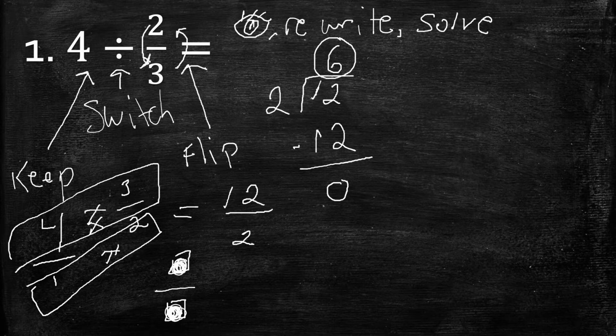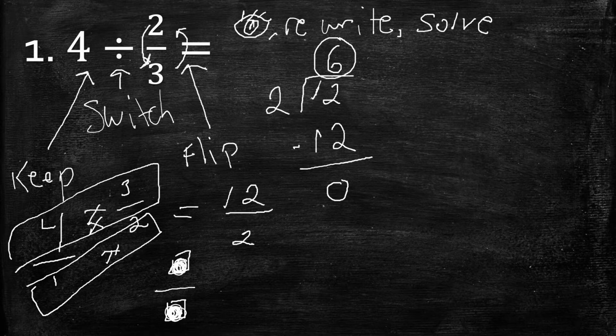So now that I finished this, I can go back in and use the pictures that we started to learn with yesterday to check my work. I want to make sure that we check our math so that way we know what we're doing. So to do that, I know that I'm going to have 4 groups with 2/3 taken out of it.